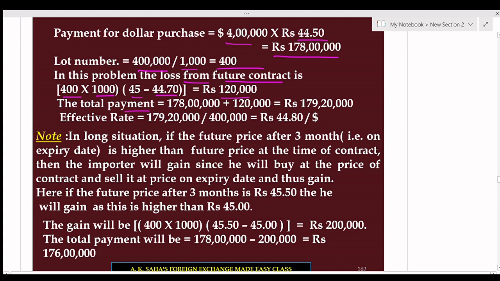Total payment will be 178 lakhs plus 1.20 lakhs is equal to rupees 179.20 lakhs. Effective rate is 179.20 lakhs divided by 4 lakhs is equal to rupees 44.80. Similarly, the importer suffers a loss of 0.80 per dollar, that is 3,20,000.